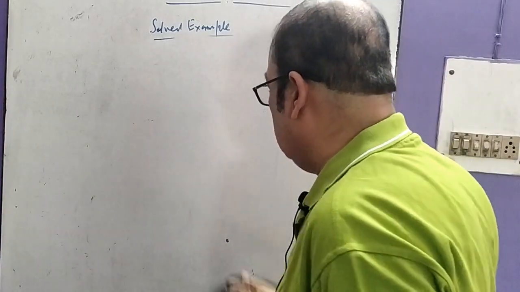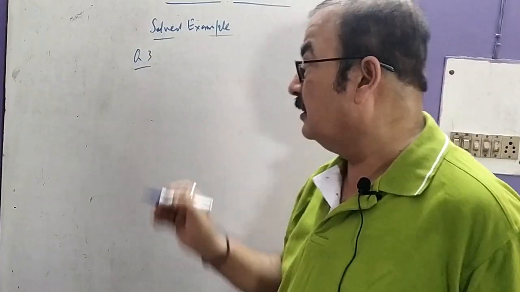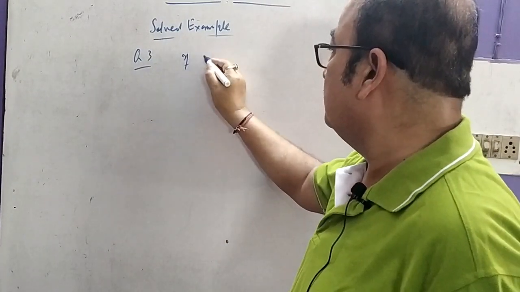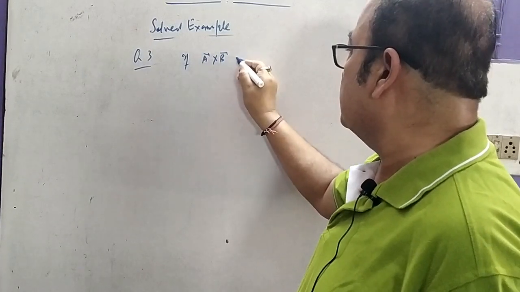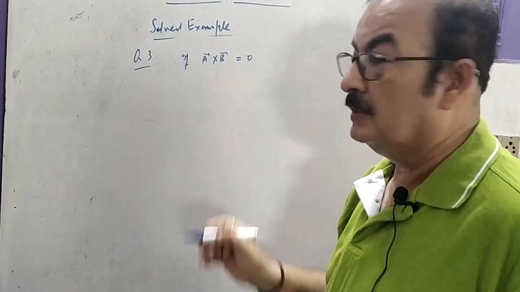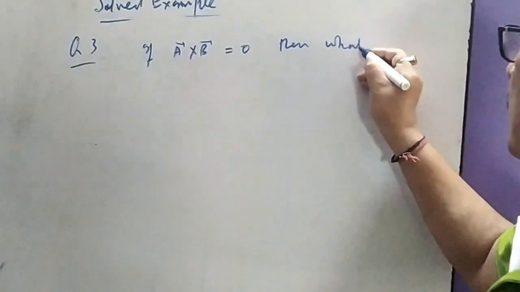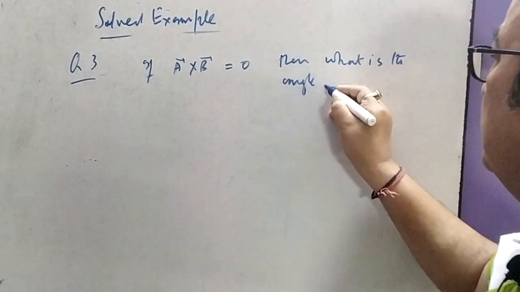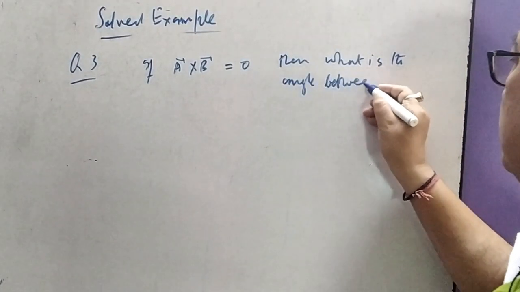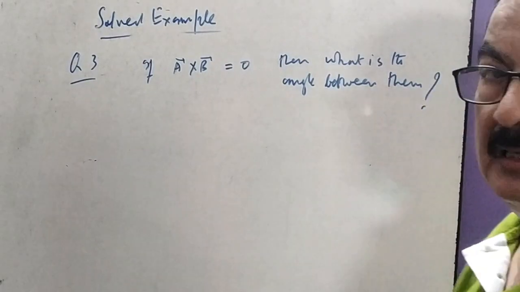That could be another example, example number 3: if A cross B is equal to 0, then what is the angle between them? This was asked.